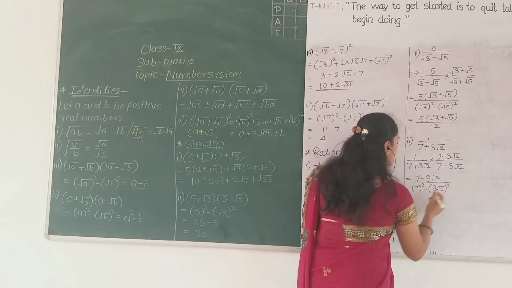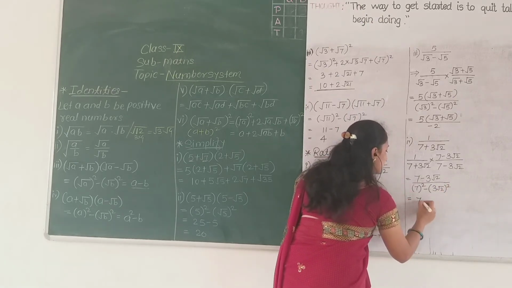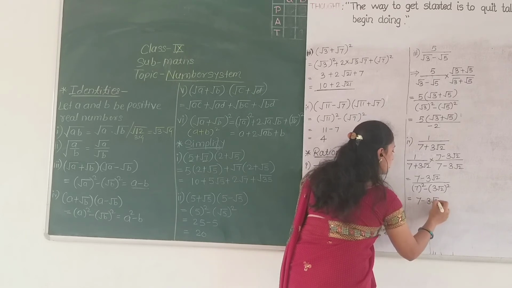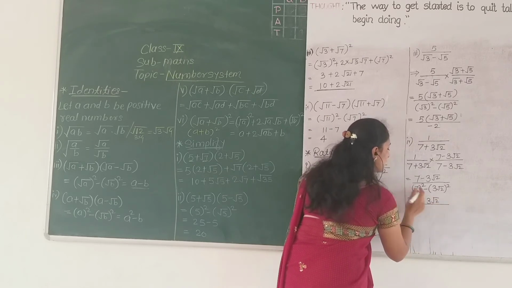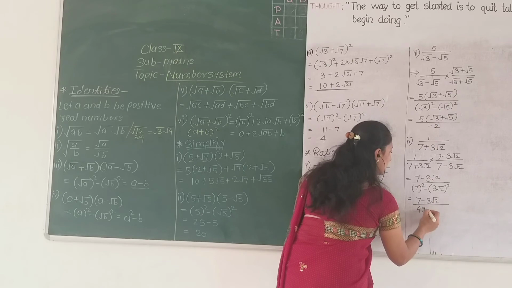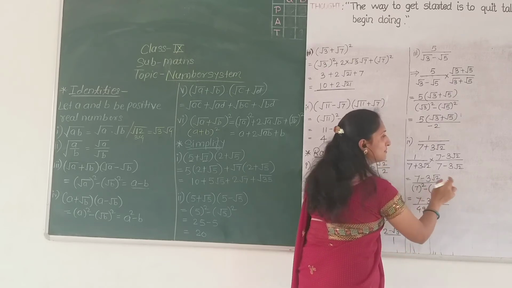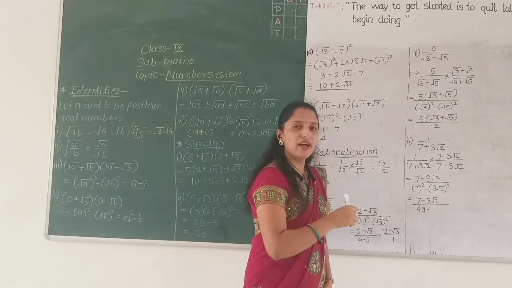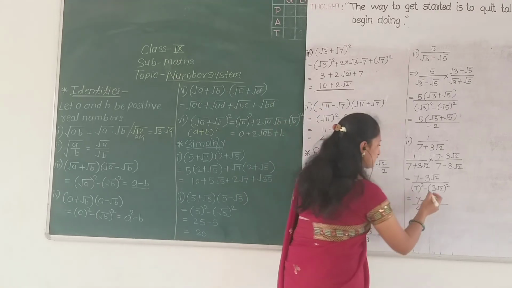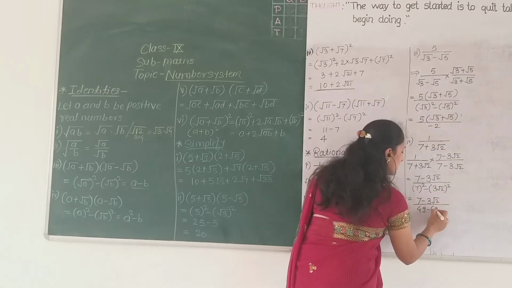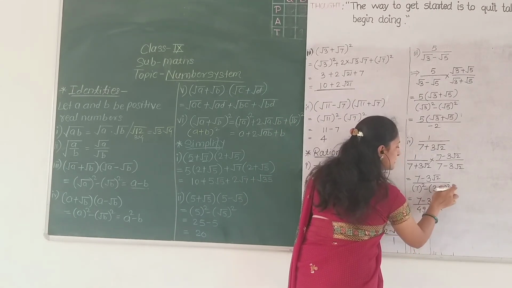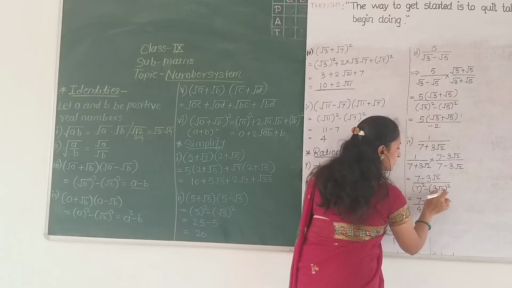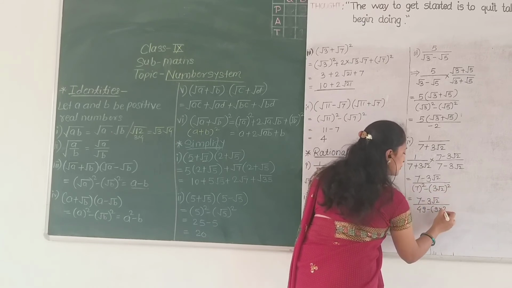So 7 minus 3 root 2 divided by 7 square, which is 49, minus 3 square into root 2 square. 3 square is 9 and root 2 square is 2.